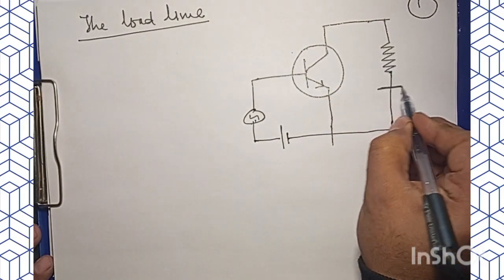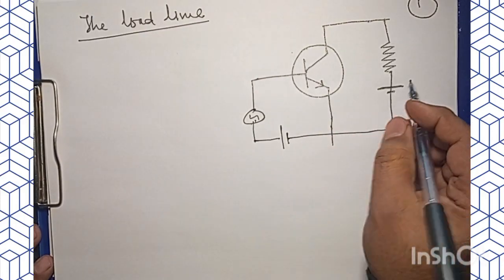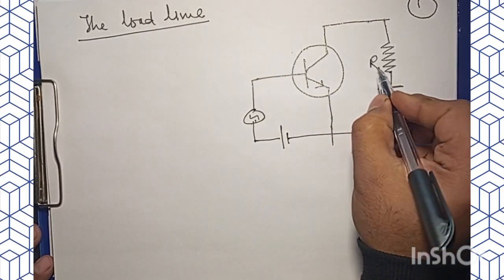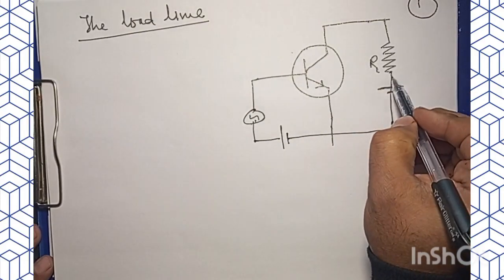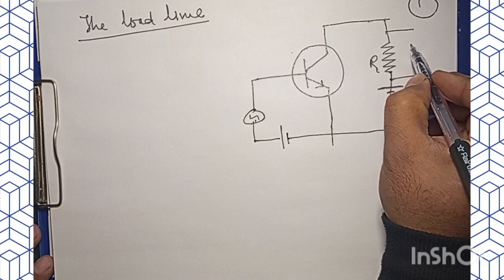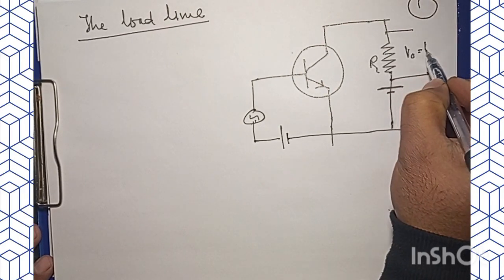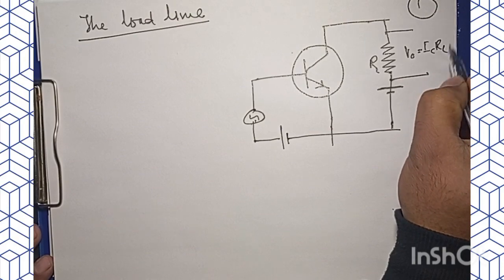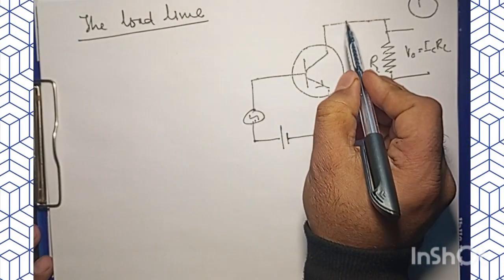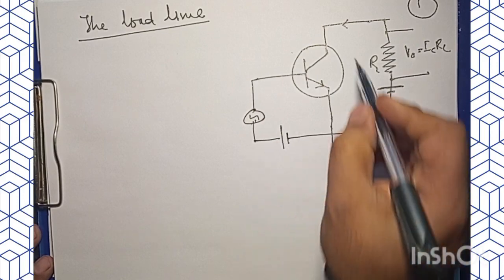So here we'll have positive and negative. So this will be RL, and here we can have the output, and that output will be ICRL.